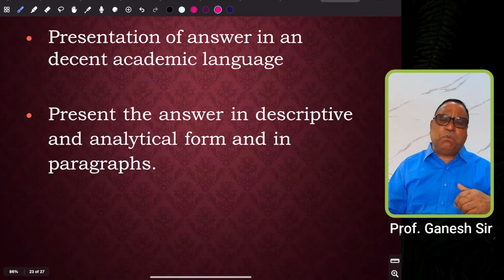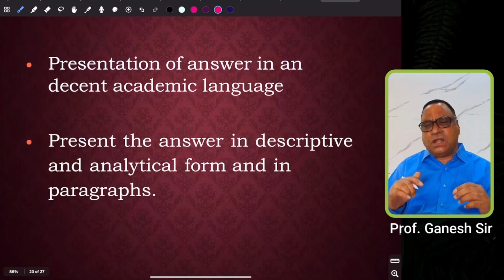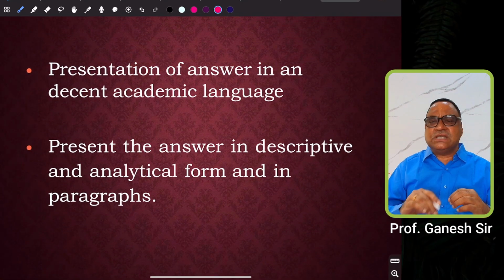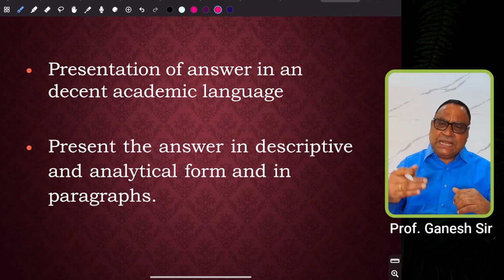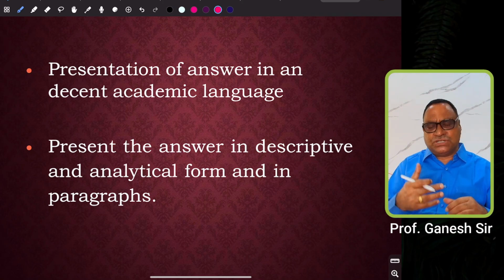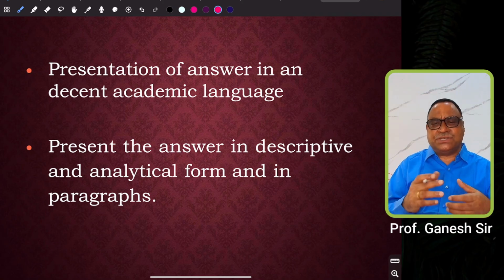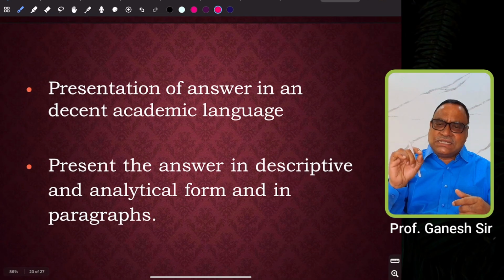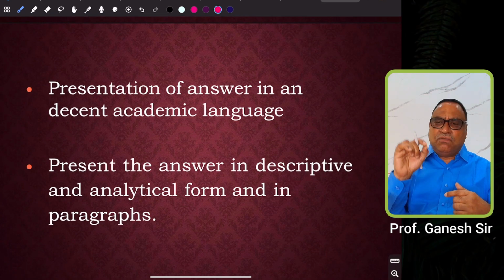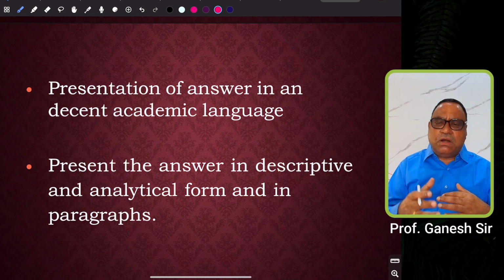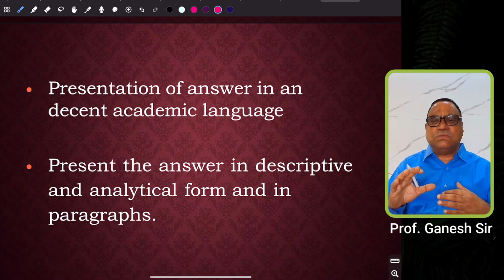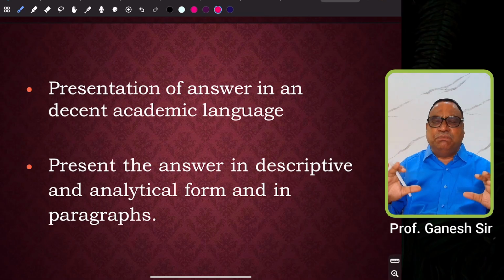And wherever possible, they can give some flowcharts, but all the time flowcharts are not necessary. Depending upon the nature of the question, what exactly the question demands, the answer can be presented in the form of different points. And if the question demands an analysis, then the answer must always be in the form of paragraphs.